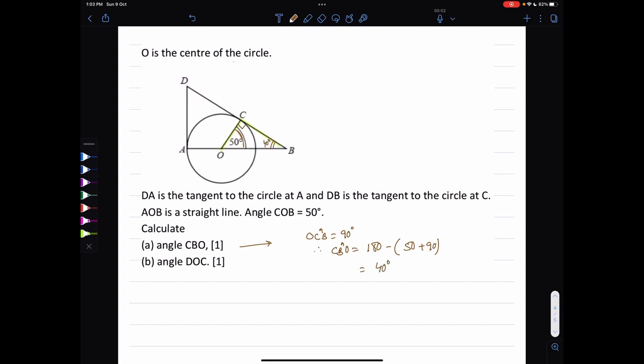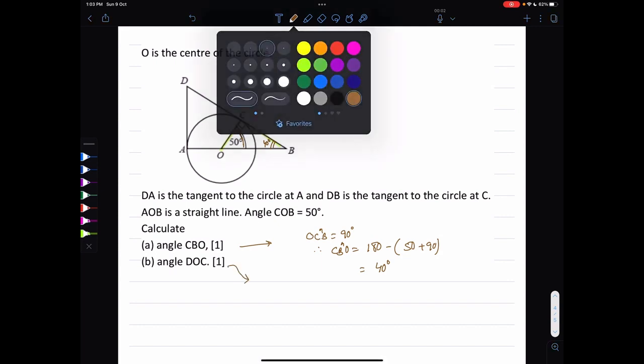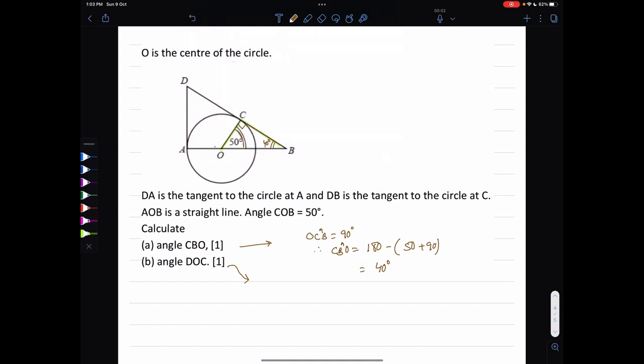The next part says find angle DOC. DOC is this angle. If you connect point D and O, that is a line from an external point to the center of a circle. Remember, DA and DC are going to be equal in length. CO and OA are going to be equal in length because they are the radius of the circle.